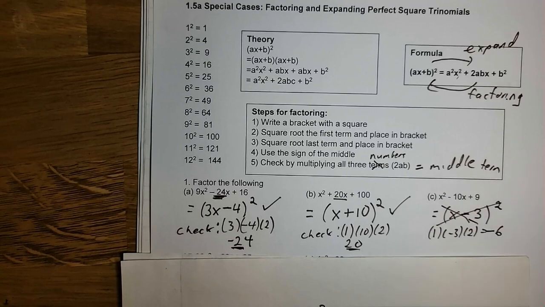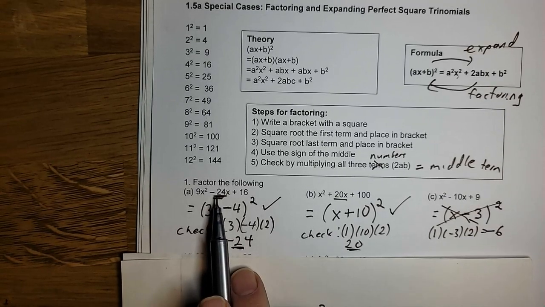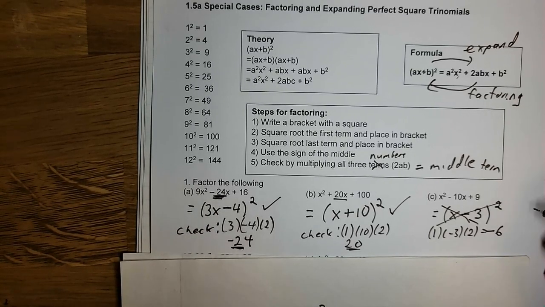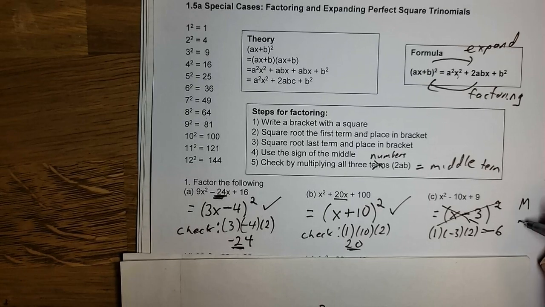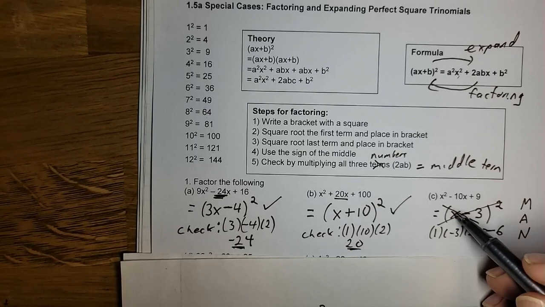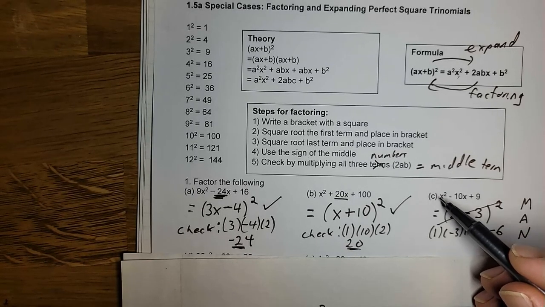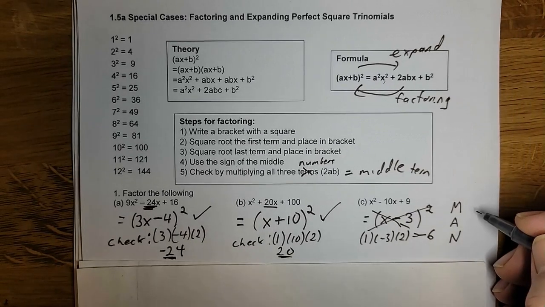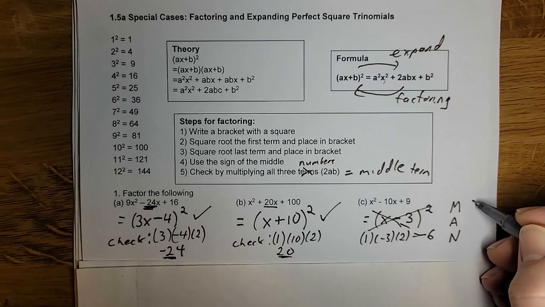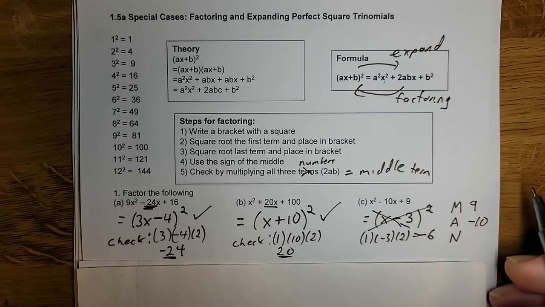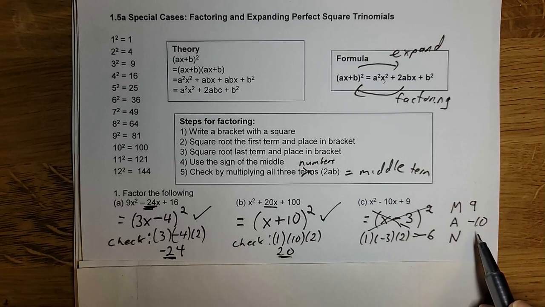Okay, so what do we do now? Well, we still have to factor. It says factor. We don't just stop and give up. So we're going to use MAN here. M-A-N. We're going to use the MAN to figure it out, because it starts with a 1 in the front. So here we need two numbers that multiply to give us 9 and add to give you -10.